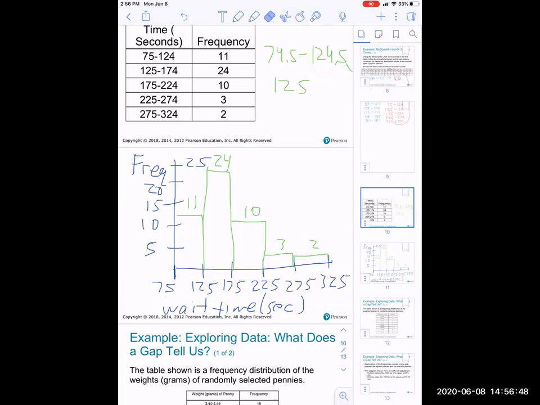I have some ambiguity here because if I have a data point of 125, I don't know if it's in this one to the left or this one to the right. So I add a legend. Data falls to right. I think this looks cleaner. And now if I have, say, a data point of 275, I know it lies in that class and not that one.